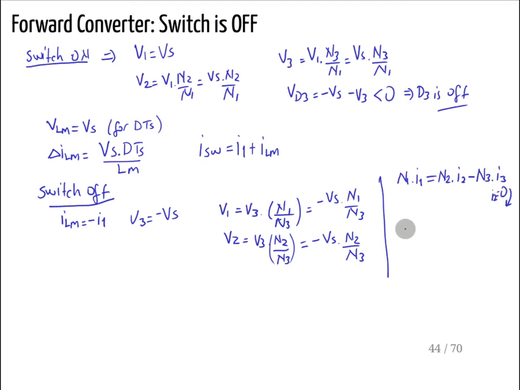So you end up with N1 I1 is equal to minus N3 I3, or you can write I3 is equal to minus N1 over N3 I1. So you have the same relation, but of course the voltage ratios are reversed. So I can write the equations. Let me go back.